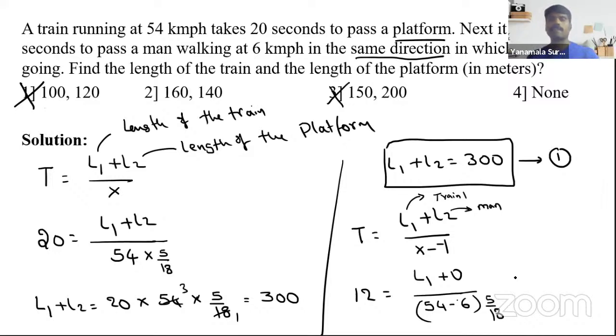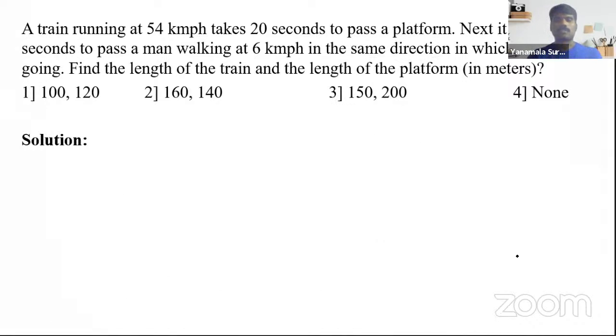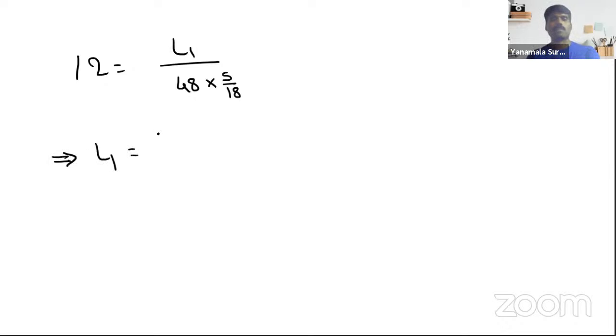Let me take it to the next slide. So 12 equal to L1 divided by 48 into 5 divided by 18. 54 minus 6 is 48. Now that implies L1 equal to 12 into 48 into 5 divided by 18.